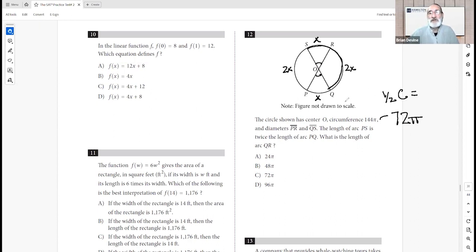And if I want to know the length of QR, which is 2/3 of what I just indicated, then I want 2/3 of 72 pi. Well, that's going to be 48 pi. So B is the correct answer.